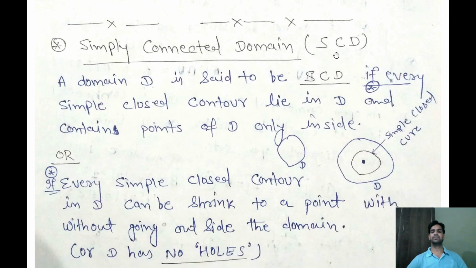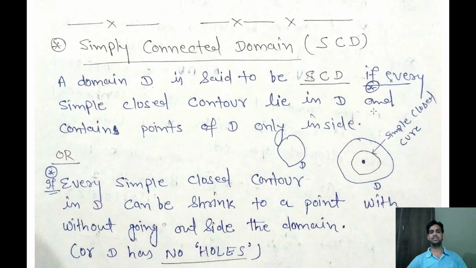Next definition is simply connected domain. I noted it here as SCD for abbreviation. A domain D is said to be a simply connected domain if every simple closed contour lying in D contains only points of D inside. For example, now I took this domain. I want to say this is a simply connected domain.